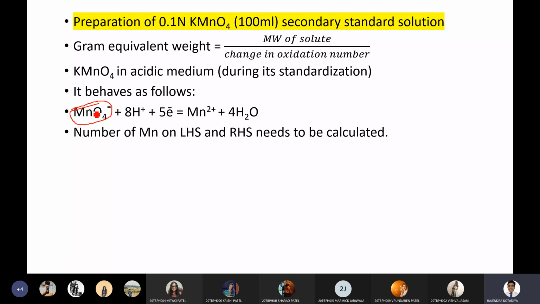Now let's talk about the net charge of MnO4.